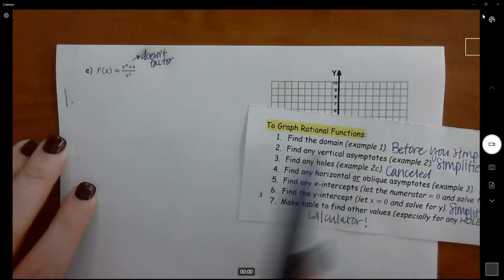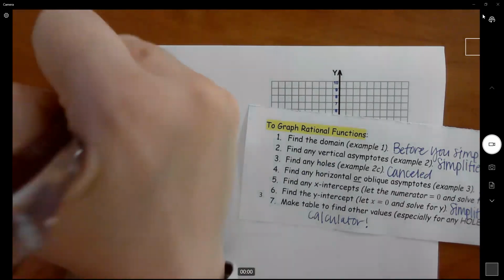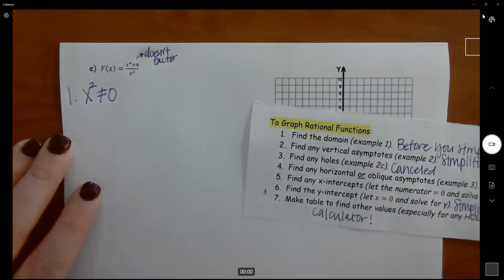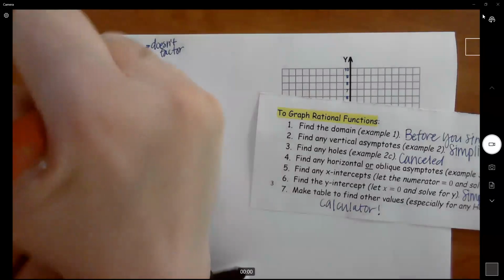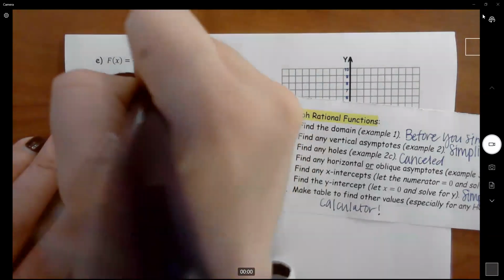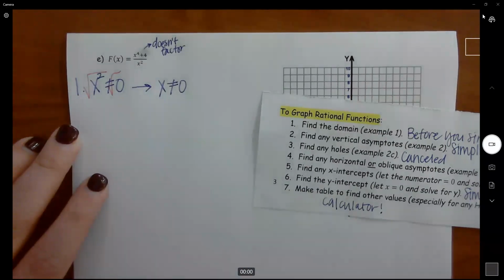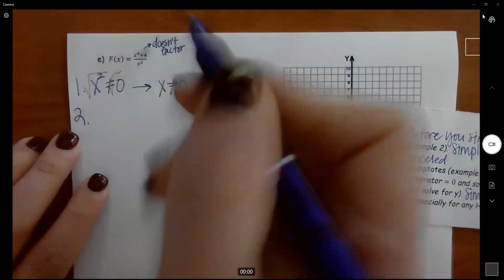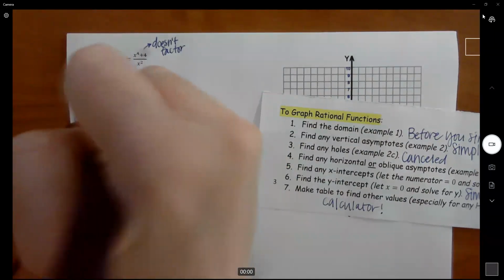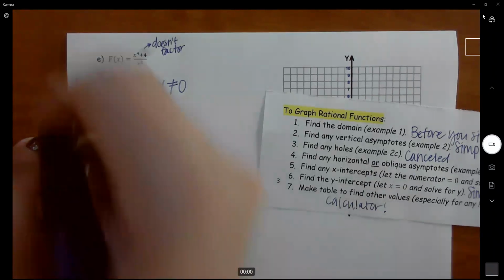So find the domain. You find the domain by setting the denominator to not equal 0. To get x squared by itself, you take the square root of both sides. And so this tells me that x cannot equal 0. We'll do the same thing to find our vertical asymptotes.